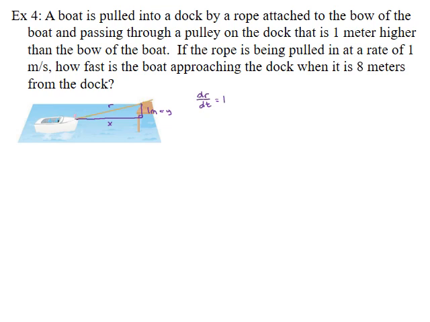It's asking how fast is the boat approaching the dock. So the boat's going along this x-axis. It's asking what is the rate that dx/dt is changing when we know that x is 8. So when x gets to 8, what is the rate that x is changing?